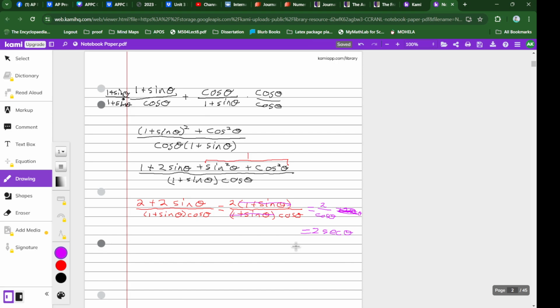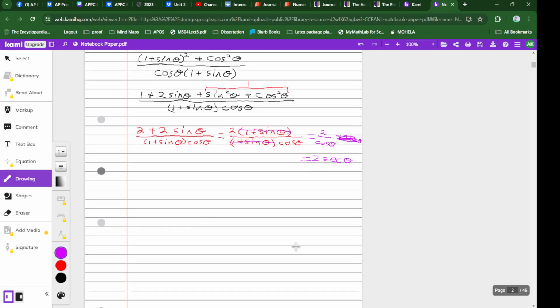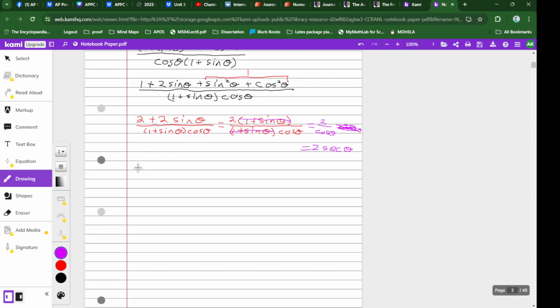So what I hope that you are getting from this is that the things that we need to know when we are simplifying down trigonometric statements, or if we're rewriting trigonometric statements in an equivalent form, we need to know a lot of stuff. First, we need to know the identities.